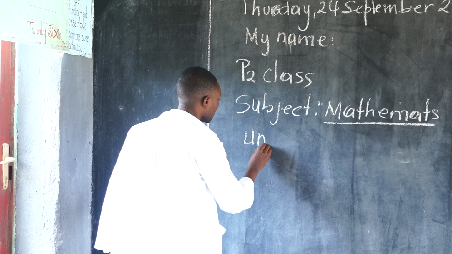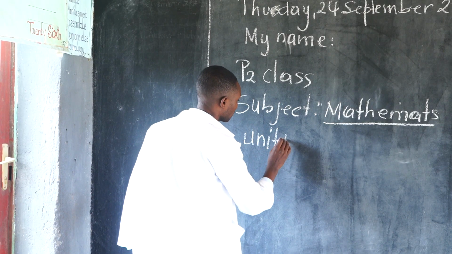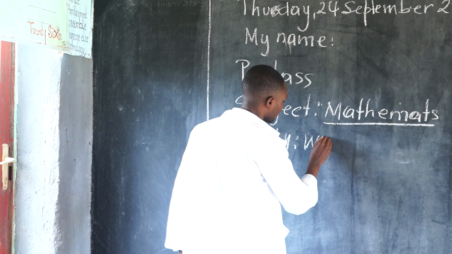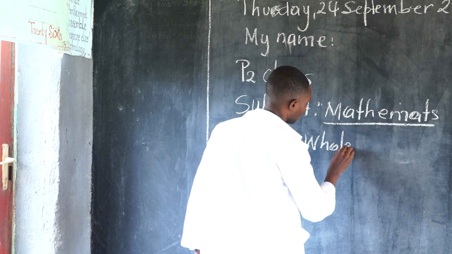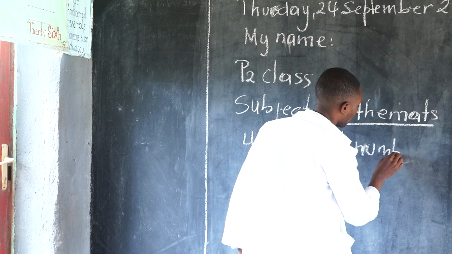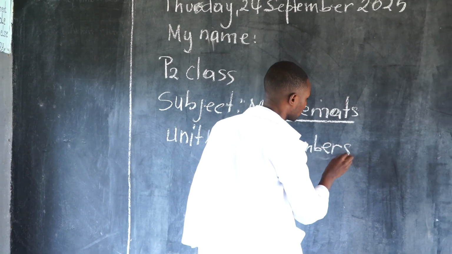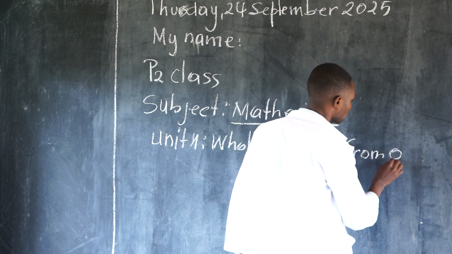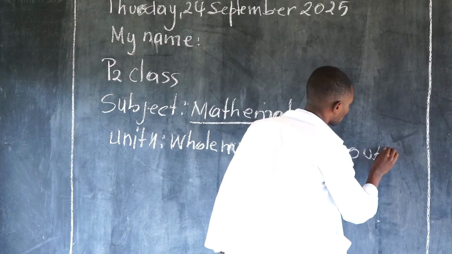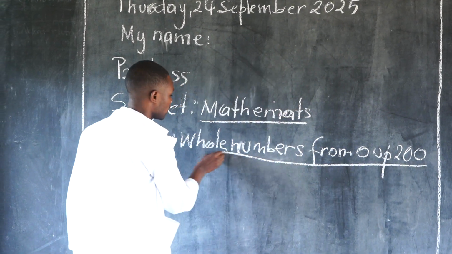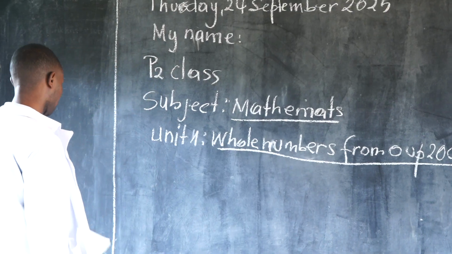Now our unit is unit 1, whole numbers from 0 up to 200. Now this is our unit.